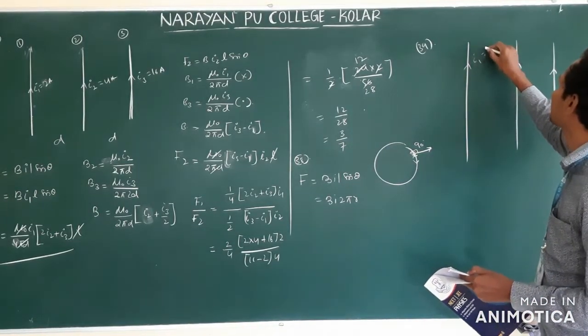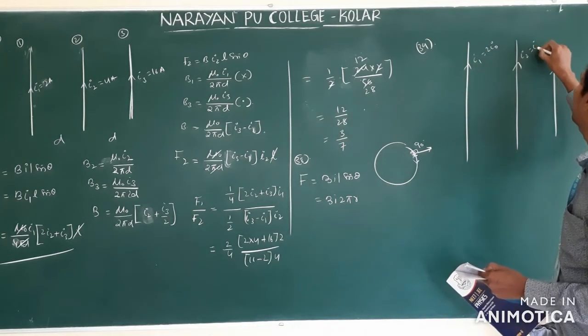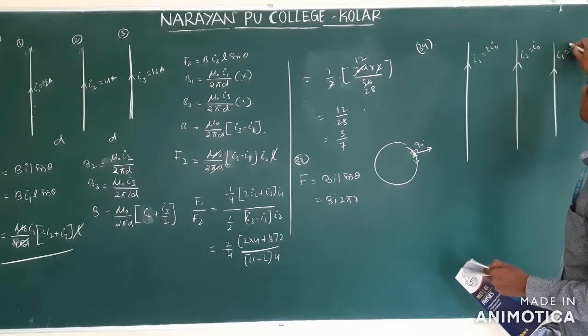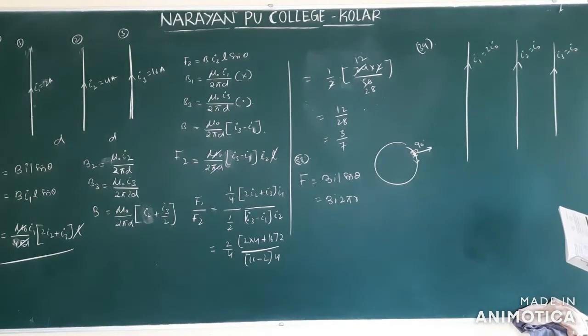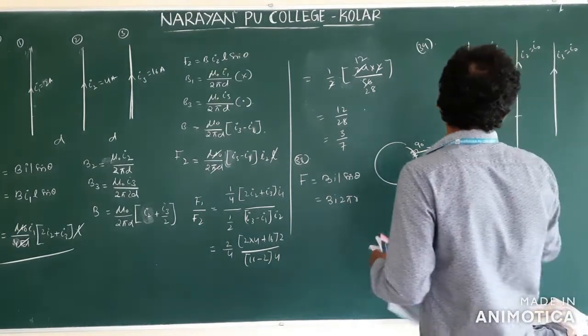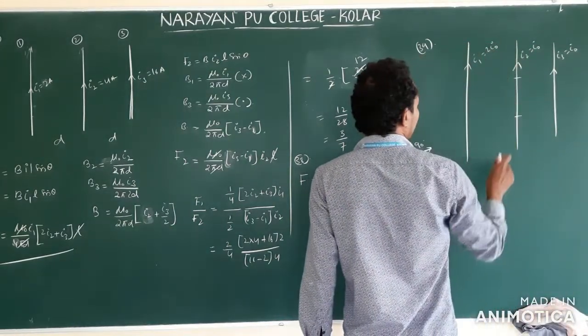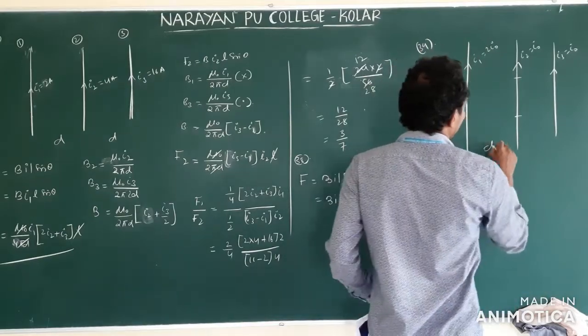So I1 is 2 I naught, I2 is I naught, I3 is I naught. They are asking for the force experienced by L length of the middle wire. So first we need to find the magnetic field at this point. The separations are given as D and D.